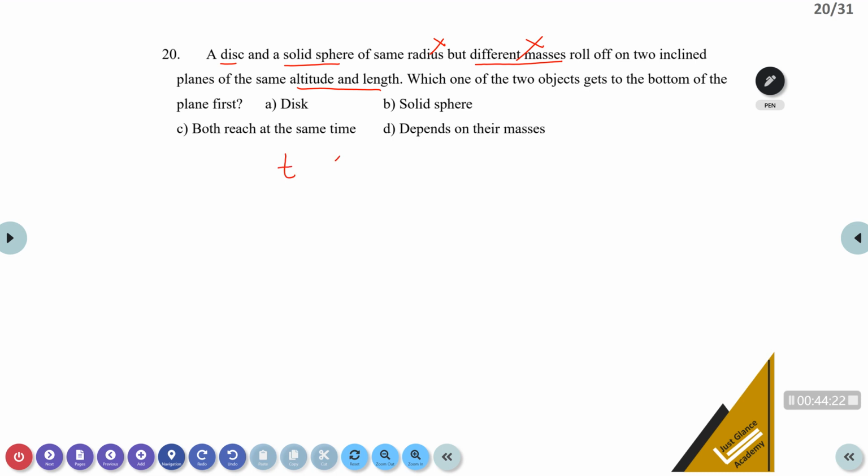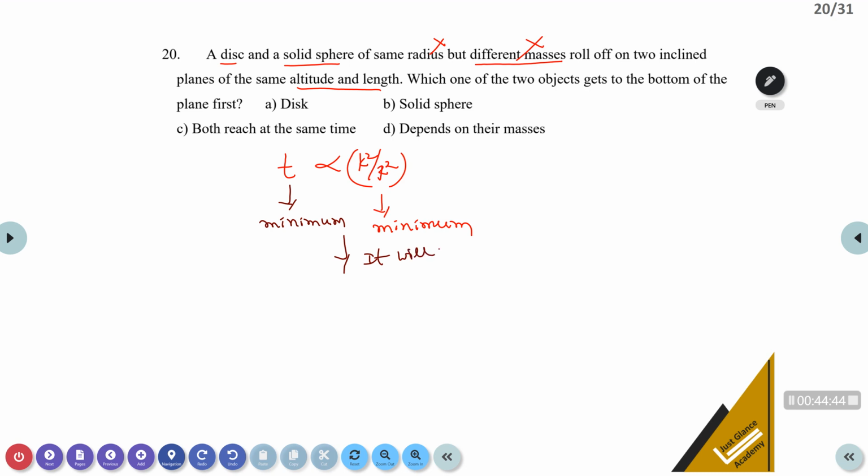Again, T is directly proportional to k square divided by R square. If k square by R square is minimum, then T is also minimum, and if it is minimum, then it will reach first.